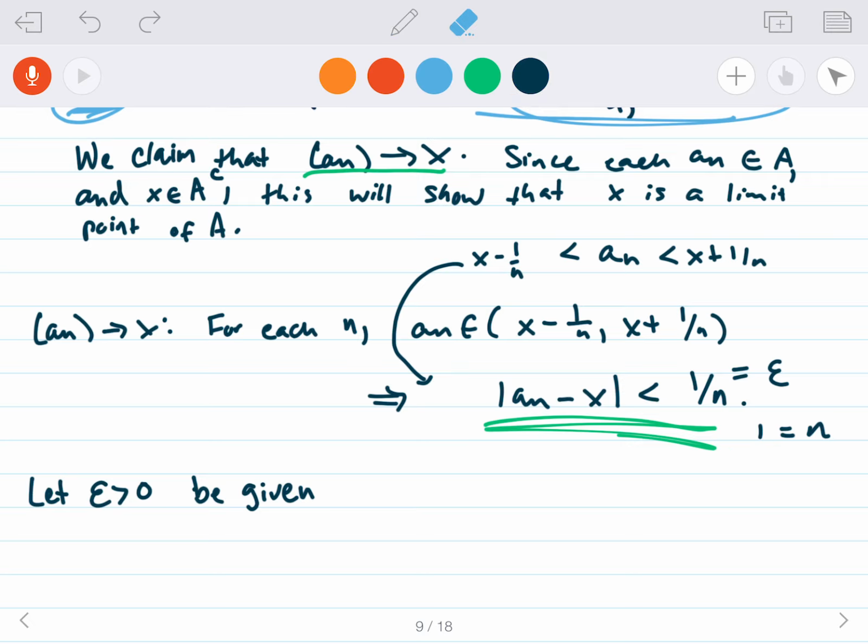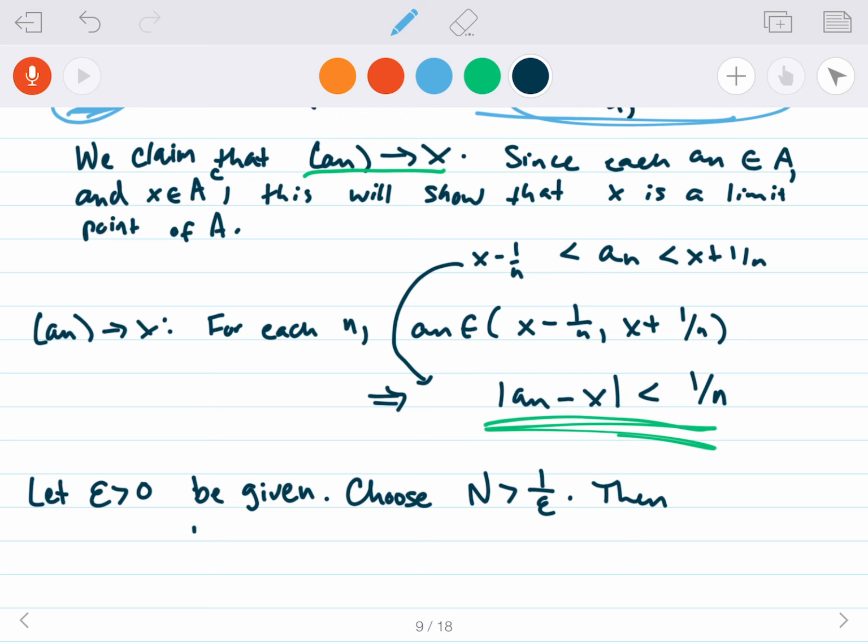If you guys remember that trick. Okay, so let that be given. By the Archimedean property, we can choose capital N in the naturals bigger than 1 over epsilon.